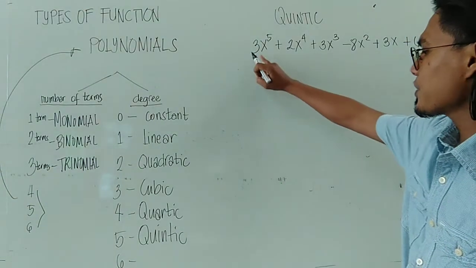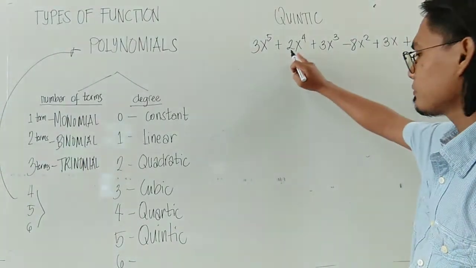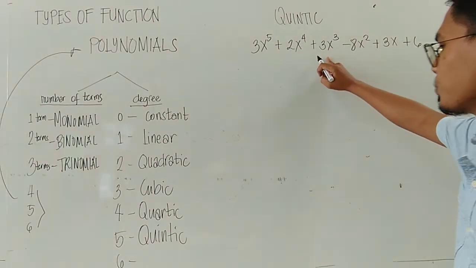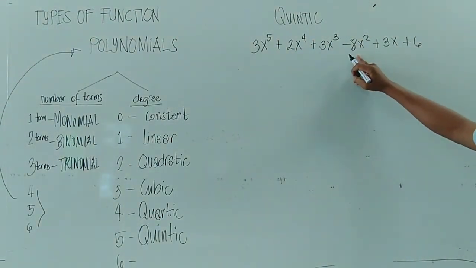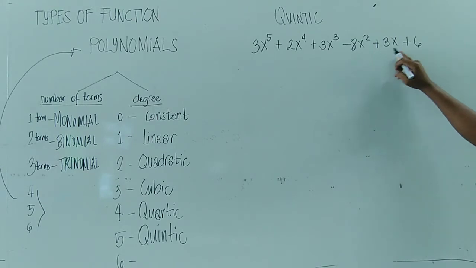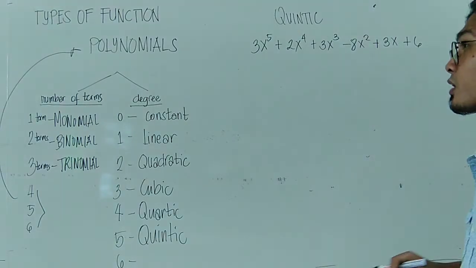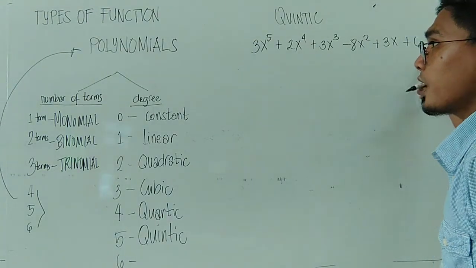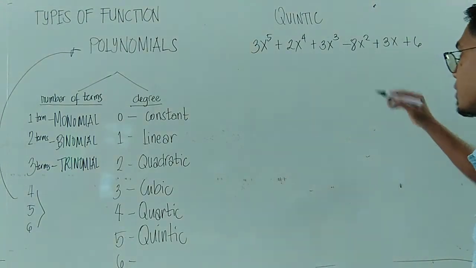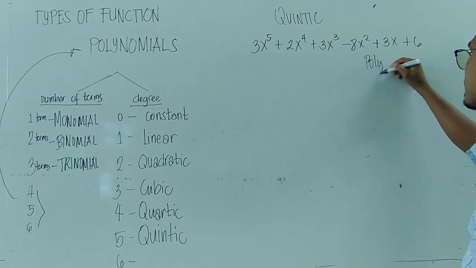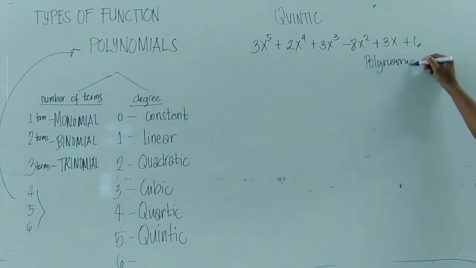This is your quintic term, quartic term, cubic term, quadratic term, linear term, and your constant. This is called a polynomial expression.